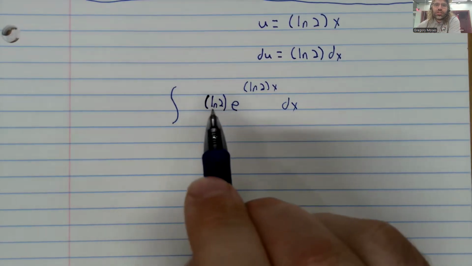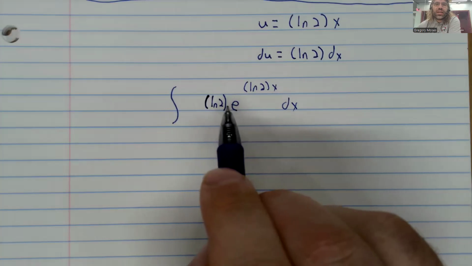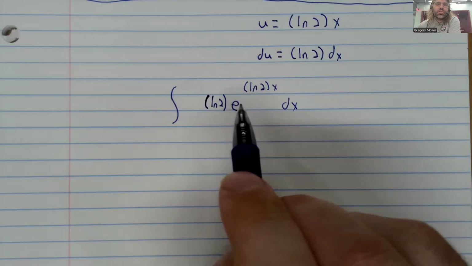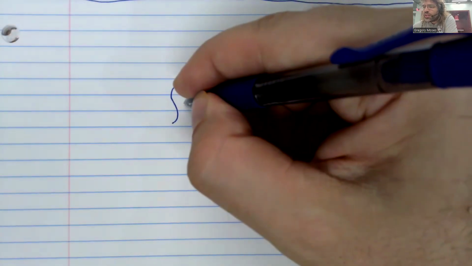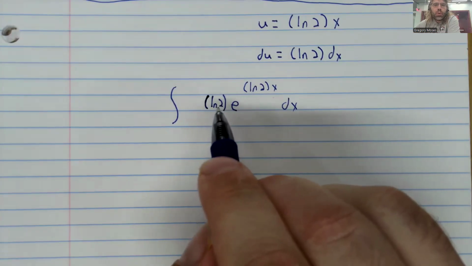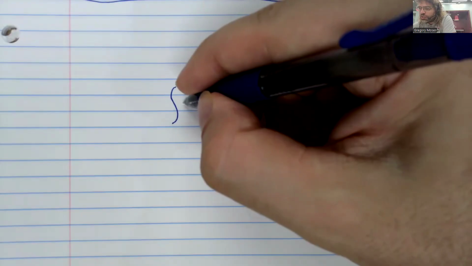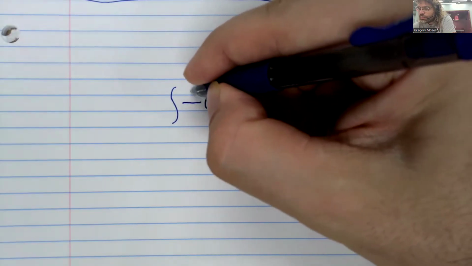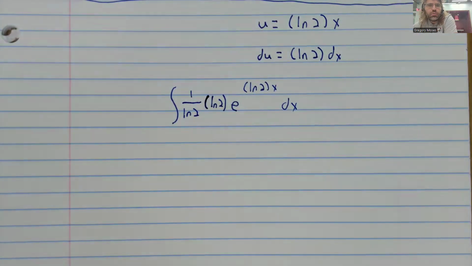You cannot just change the integrand and put something in there just because you want it to be there. And of course, you're exactly right. At the same time that I multiply in this natural log of 2, I am also going to divide by the natural log of 2.